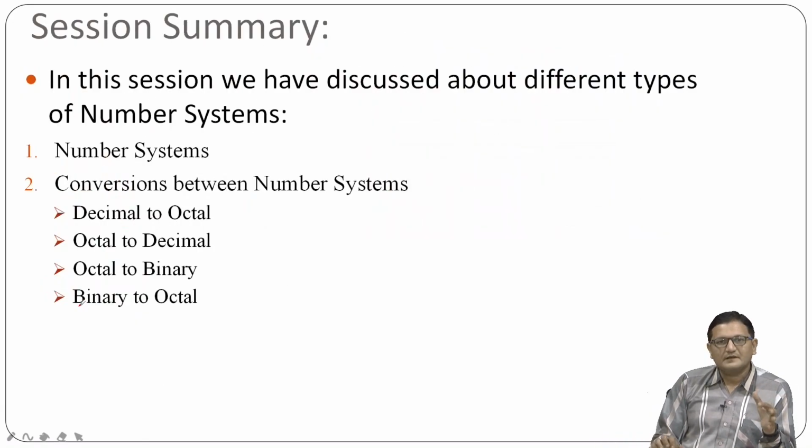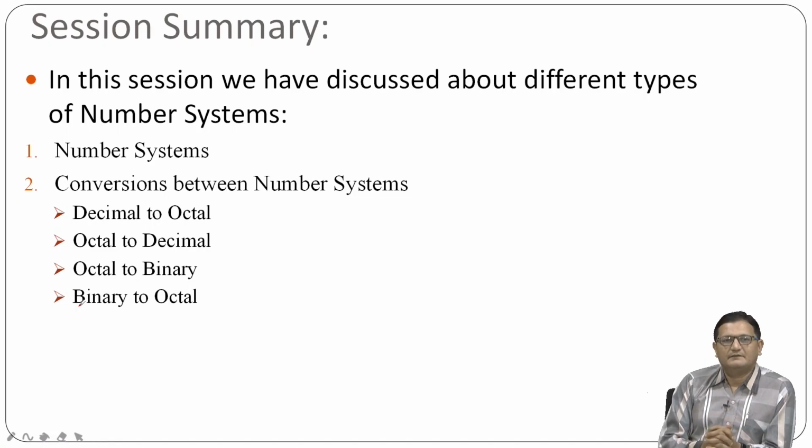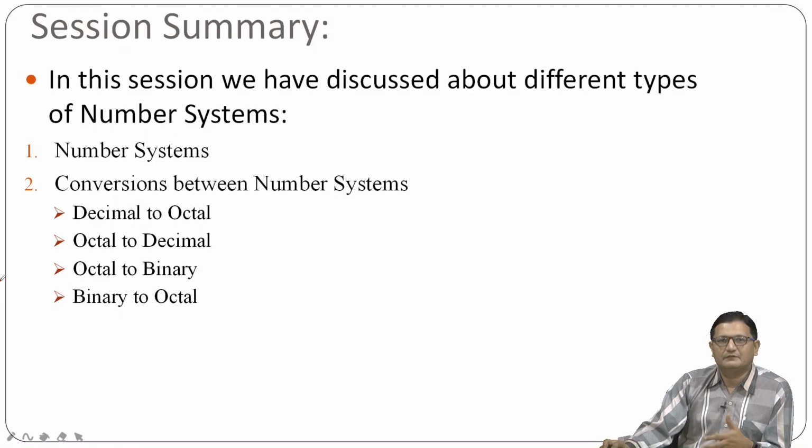So in this particular session, what we have done is we have learned what an octal number actually is, how we can convert a decimal number to an octal number, right? How to convert an octal number into a binary number, as well as how to convert a binary number into an octal number.